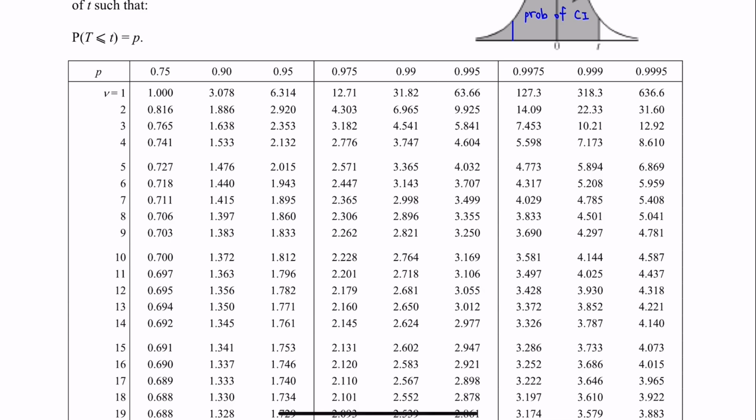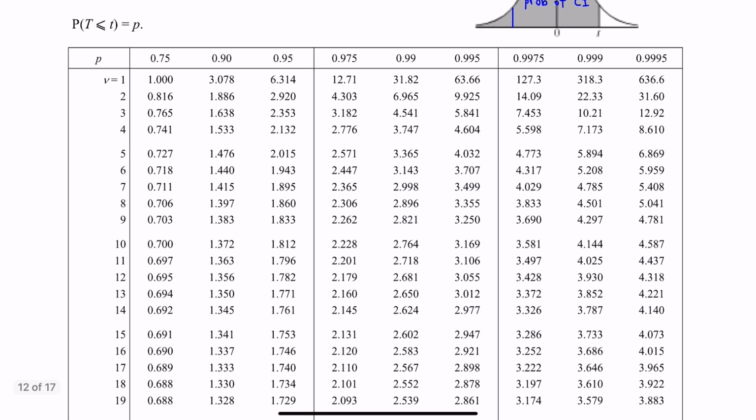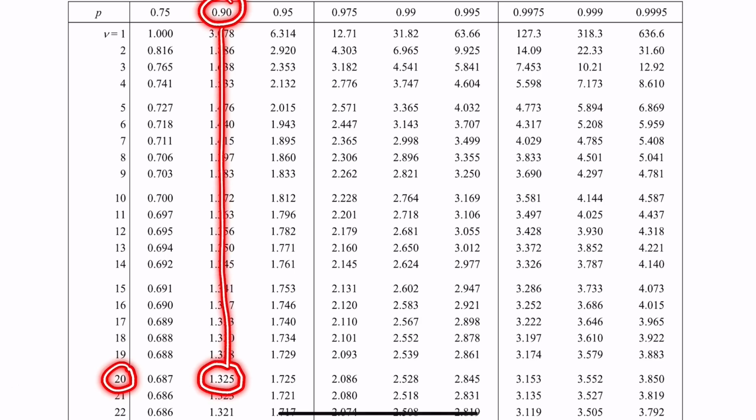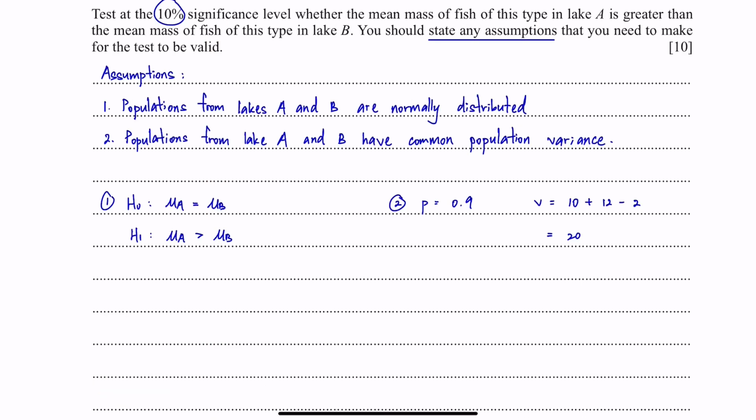So we have p equals 0.9 and v equals 20. Where is 20? Alright, 20 is here, 0.9 is here. So this would be our t value, which is 1.325. So our critical value would be t equals 1.325.